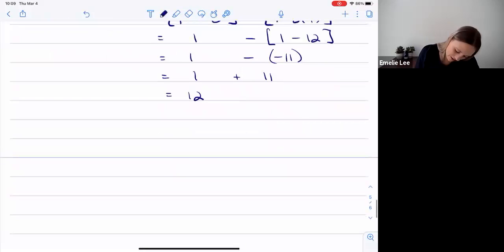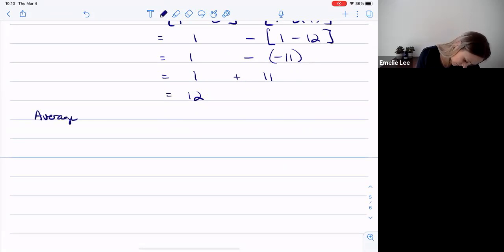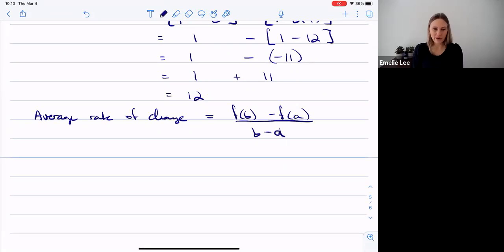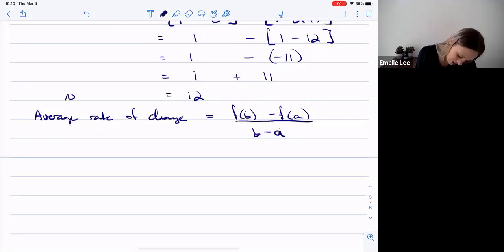So now my average rate of change is going to be f of b minus f of a over b minus a. But, and I want to try to keep it on the same page here. I might be out of luck. F of b minus f of a, I just found is 12. And so here, this is my net change.